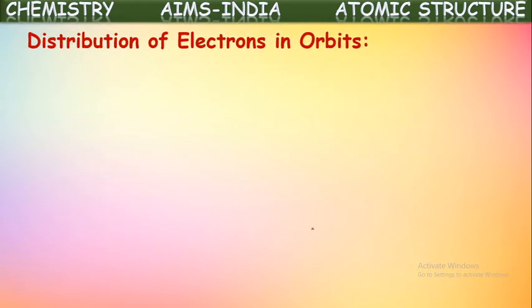Now let us talk about the distribution of electrons in the orbits. How are electrons distributed in the orbits? Niels Bohr said that electrons revolve around the nucleus in specified imaginary paths, which are called orbits or shells. Now, how are these electrons distributed in these orbits? There are so many orbits like K, L, M, N and so on. How are the electrons of an atom distributed in these orbits?